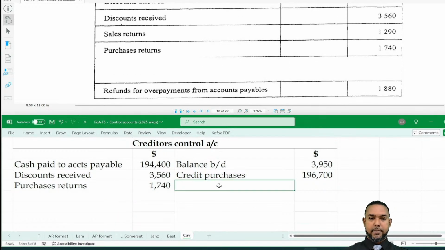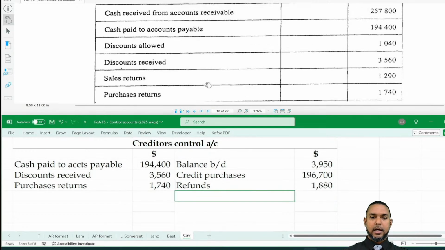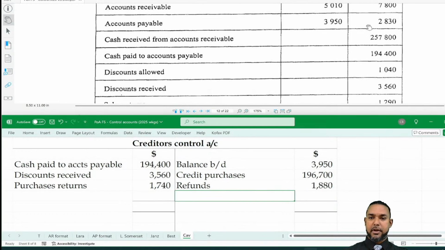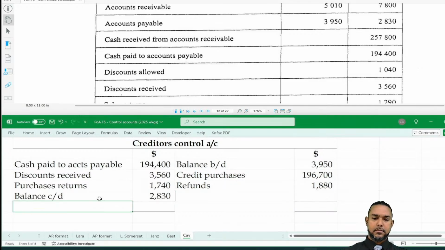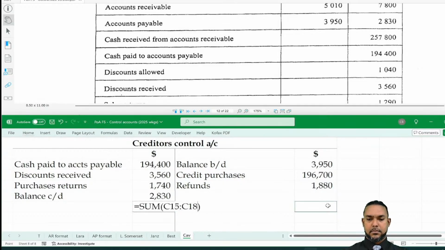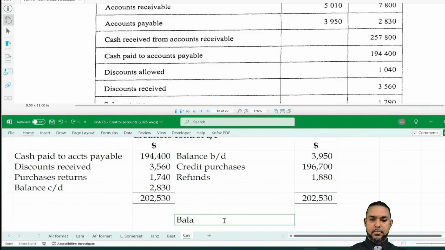Refunds, right? That'll go here. And then your closing balance was 2,830, right? And the balance is 202,530.